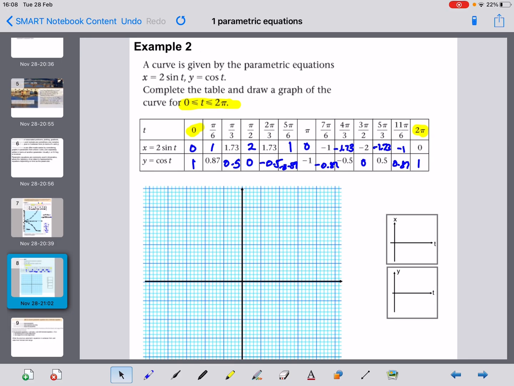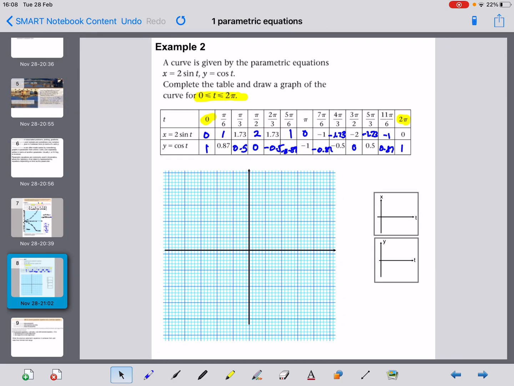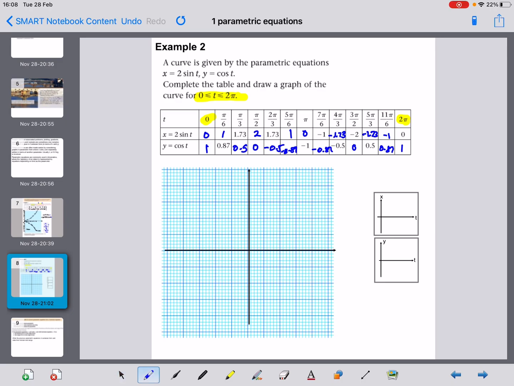So if I say that's 1, oops, just moved that by accident. Better. So that's 1, that's 2, that's 1, 2, negative, that's 0.